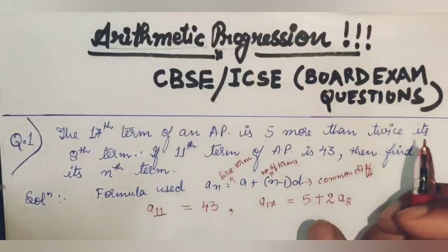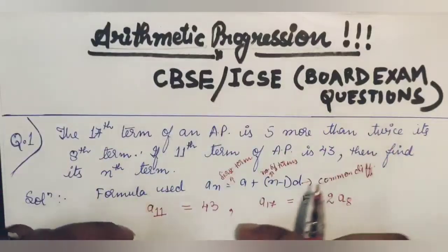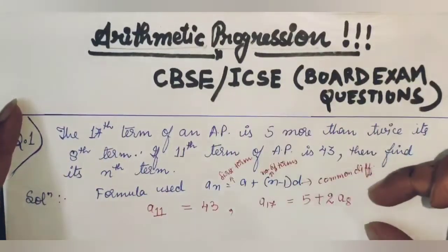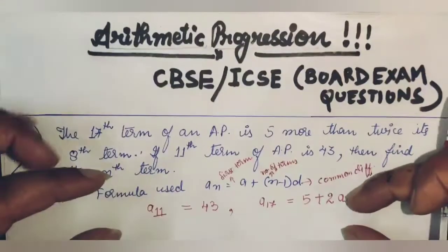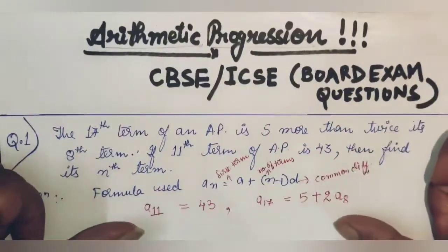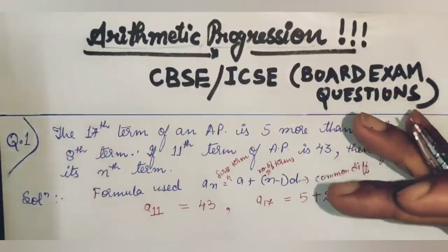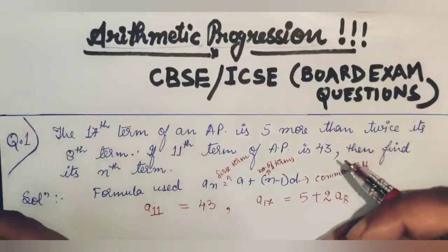So in short, you can write this question in mathematical language like this, so that you can easily solve two equations in two variables using linear equations, and then find the answer.